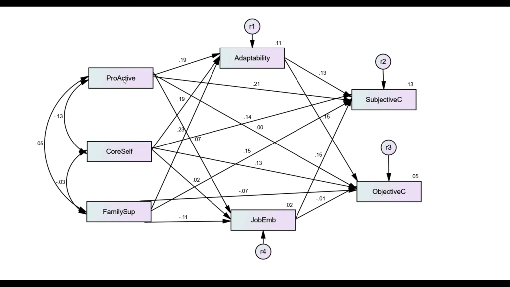For example, the variable named proactive has its regression line. We want to see the relationship between that and job embeddedness, between proactive and adaptability, and also between proactive and objective career, the same thing to subjective career.